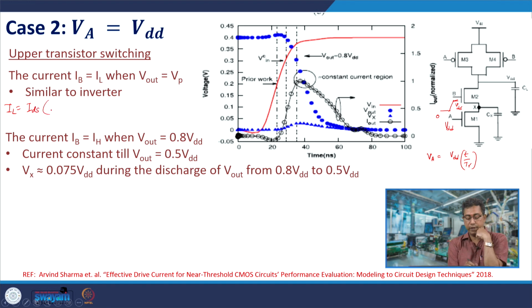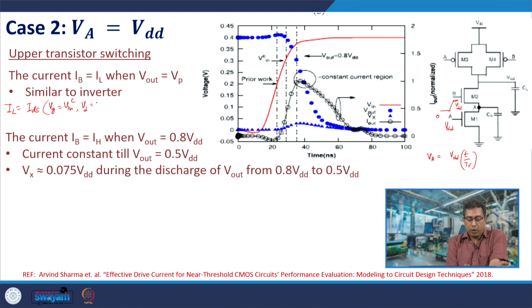ID of an N MOSFET for Vg equal to V in C. Now, this is the V in C of an inverter, which is again valid for this 2-input NAND gate with upper transistor switching.